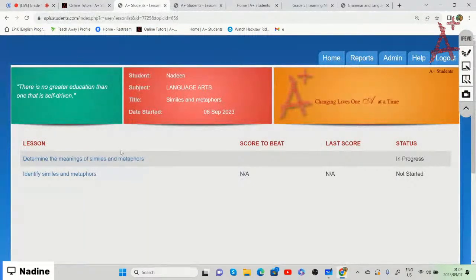So our chapter is similes and metaphors, and our lessons are to determine the meanings of similes and metaphors, as well as to identify similes and metaphors. All right, so we're going into our first lesson, which is to determine the meanings of similes and metaphors.